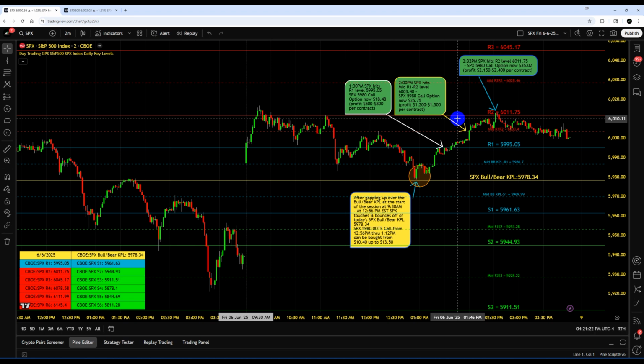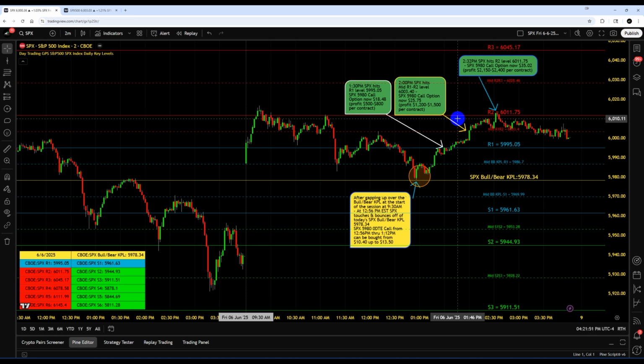So that's one advantage of SPX for those people that like to hold into the close: unlike trading other types of options like SPY options, where there's a risk of assignment, with SPX there is no assignment risk. It's simply cash settled, so you can let it go into the close if you're so inclined.